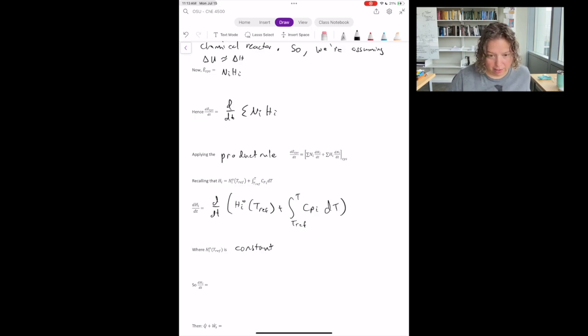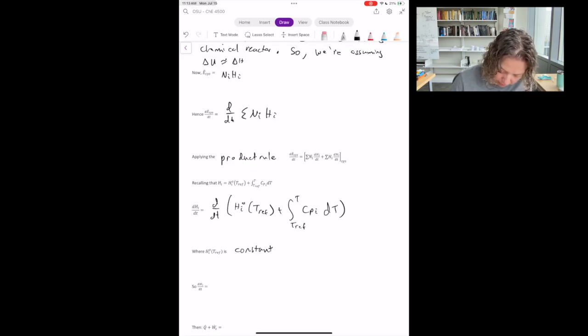So then we have our dHi/dt. If we differentiate, this term here is constant, so the derivative of that term is 0.